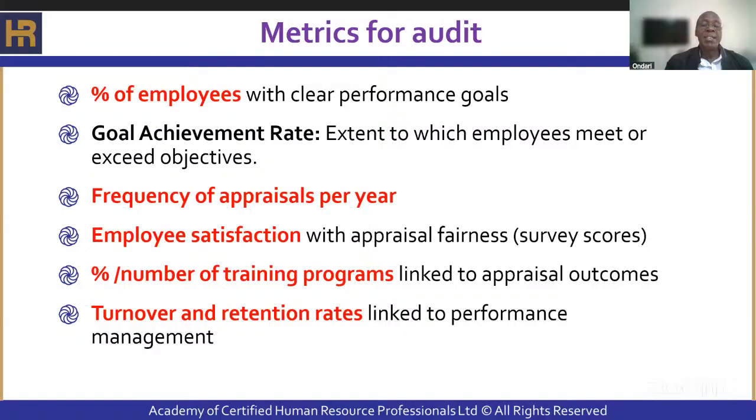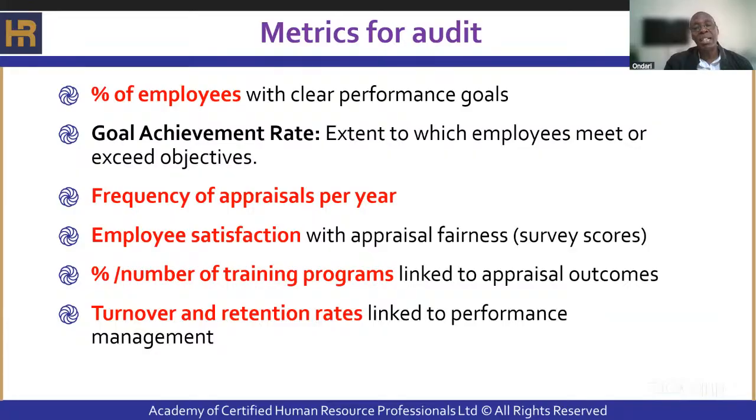If we say that a person has attained their targets, we can either rate them as 1, exceeding expectations, 2, meeting expectations, or 3, below expectations. And we must clearly say what above expectation means, or exceeding expectation.